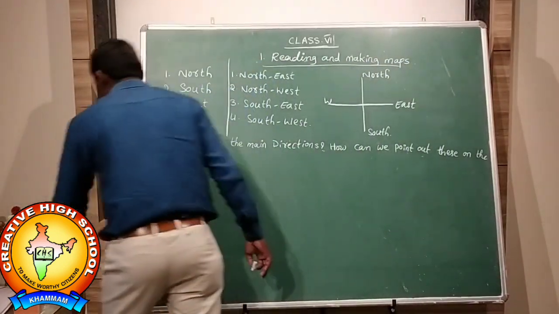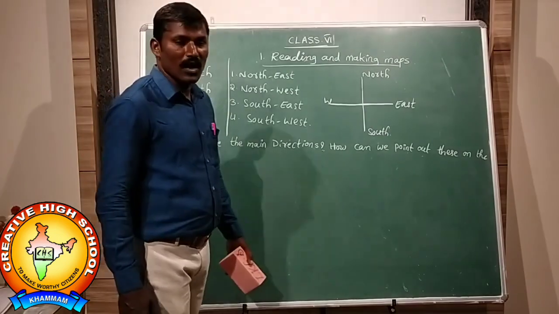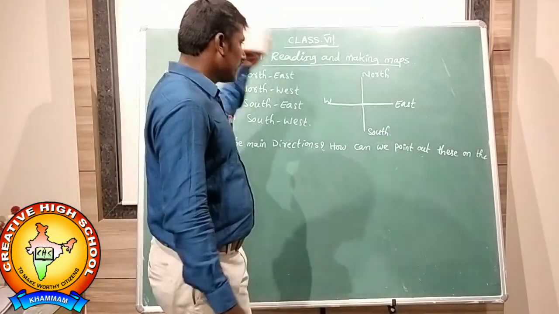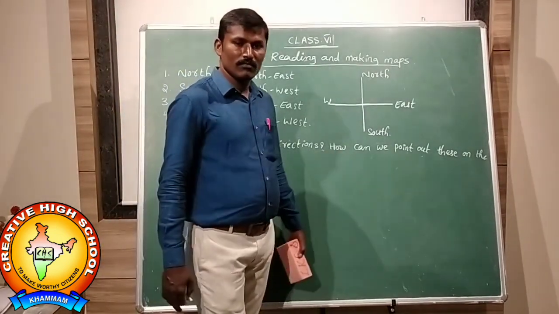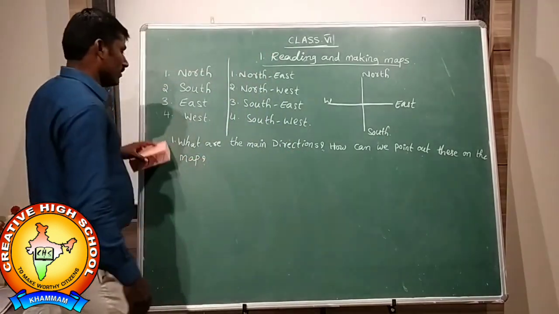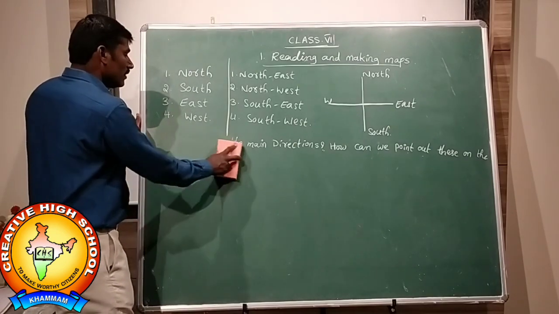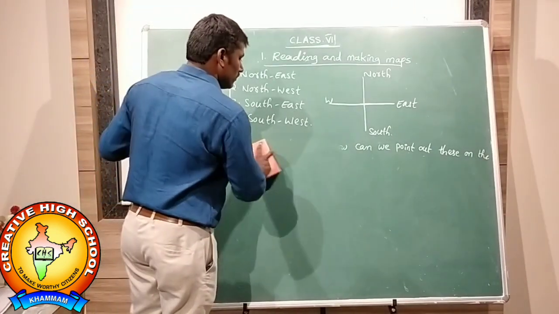Now let us see another example. Way to Mallika's house. Her friend came from Hyderabad to Khammam, but Mallika did not send her directions.